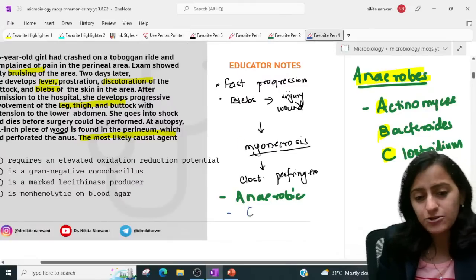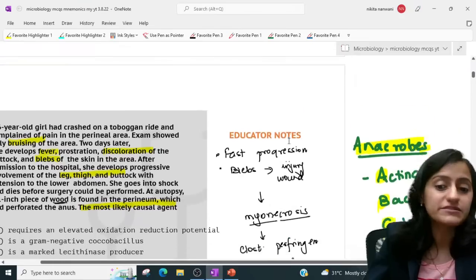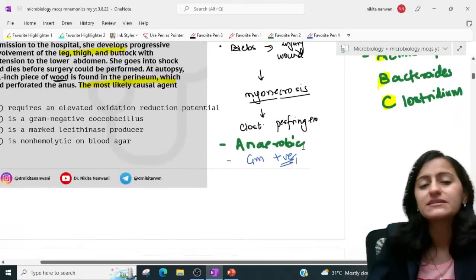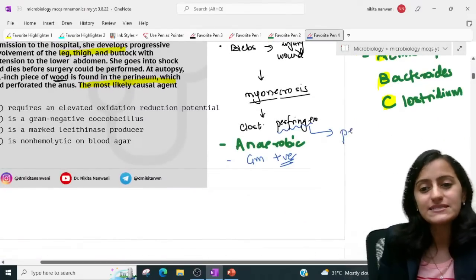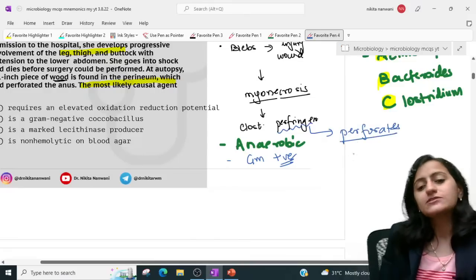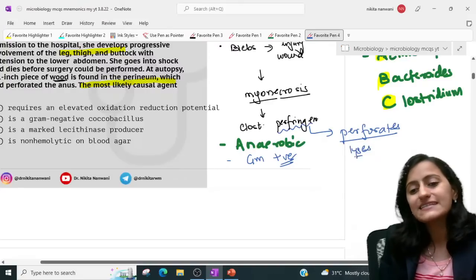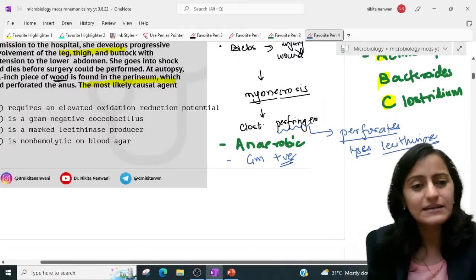So it is anaerobic. Is it gram positive or gram negative? It is gram positive. It is not gram negative. And remember another point, perfringens is the one which perforates, right? It perforates, meaning it lyses the membrane, because basically it has lecithinase, phospholipase. What toxin is that?